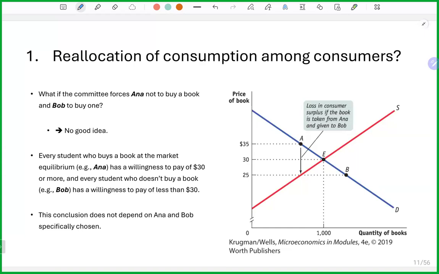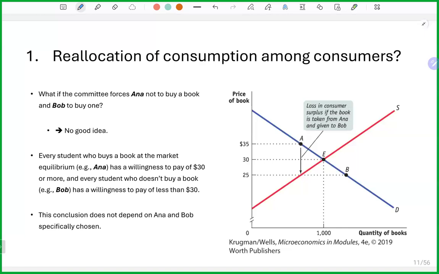Does it decrease welfare by how much? We give the right to buy the book to Bob. And then you decrease the welfare by 10.